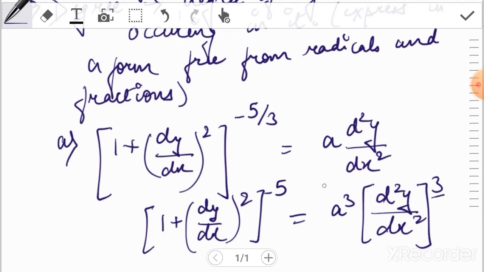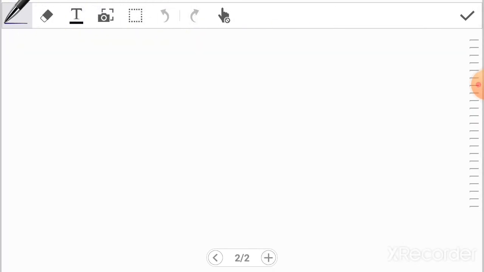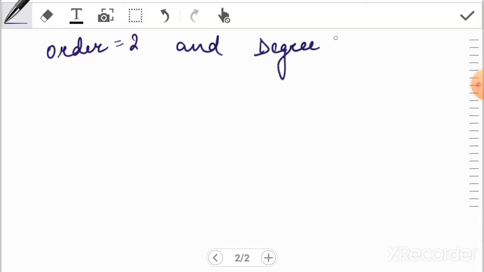So this equation is of order 2 and degree 3.